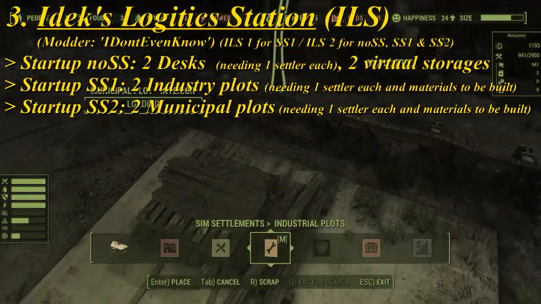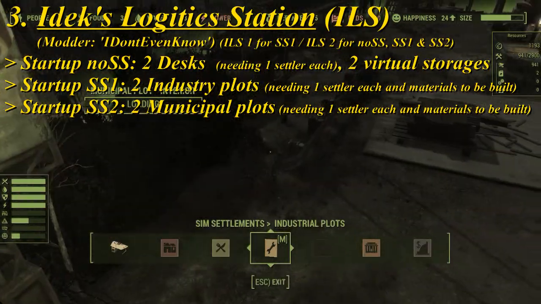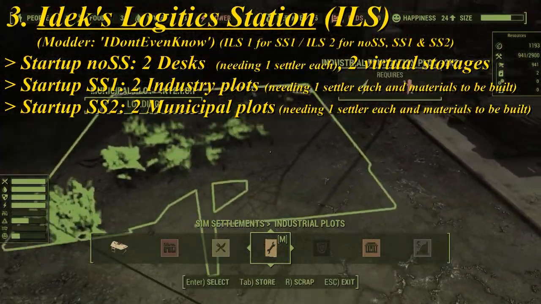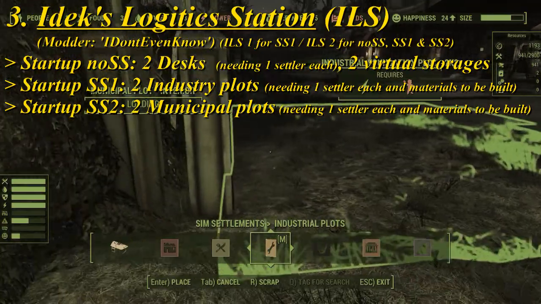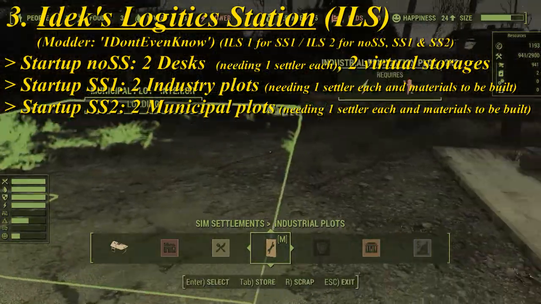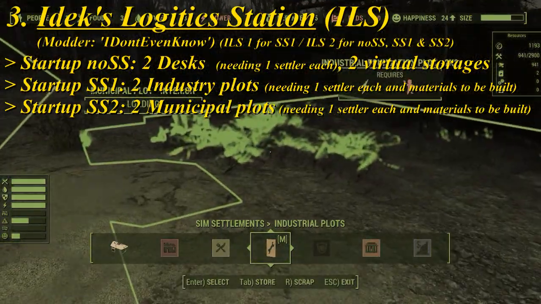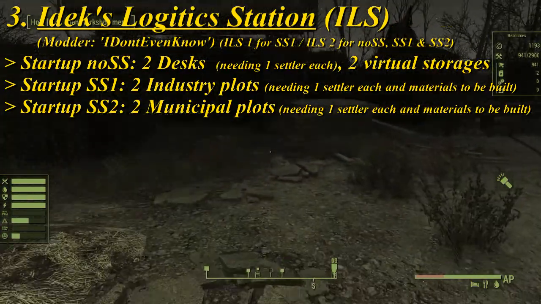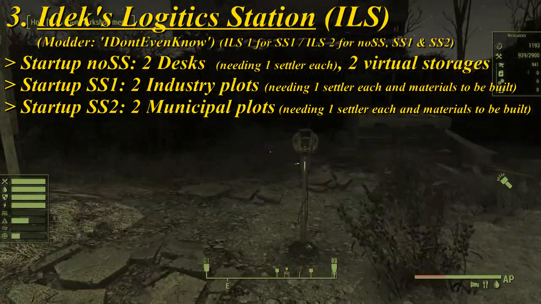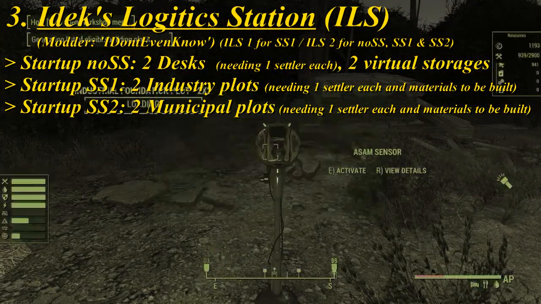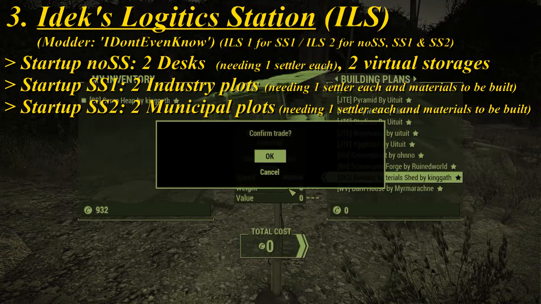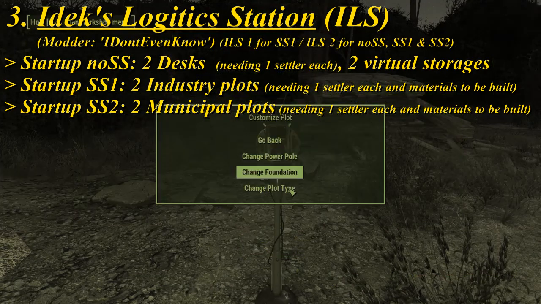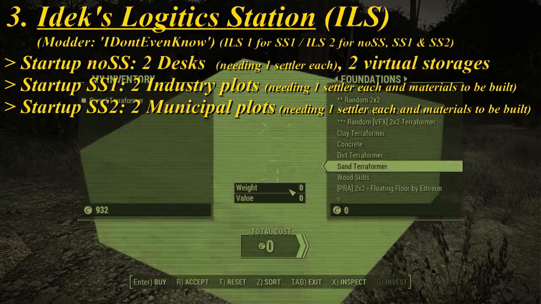Well, there are two ways of building an ILS station. First, build a municipal plot, and once that's there, you can place the ILS desk on top of it, and you should get an interaction menu asking you if you want to converge the two together. Do mind that ILS only works with a 2x2 plot or an internal plot. It does not work with 3x3 or 1x1.